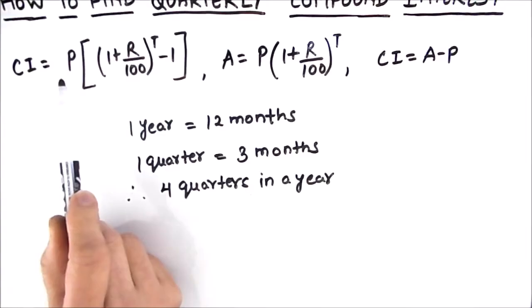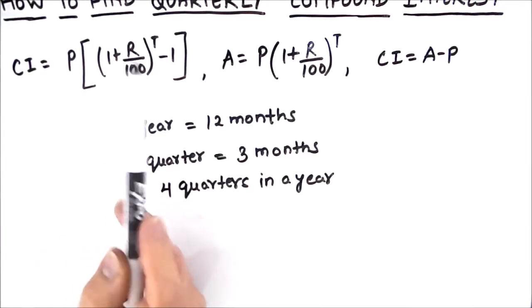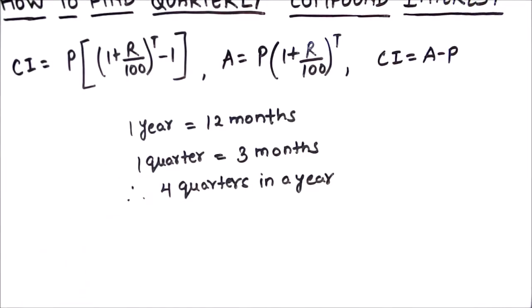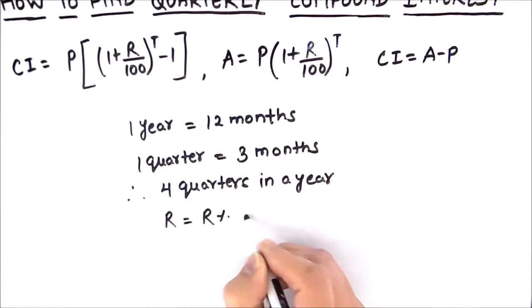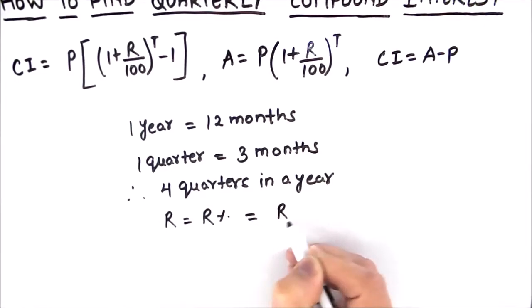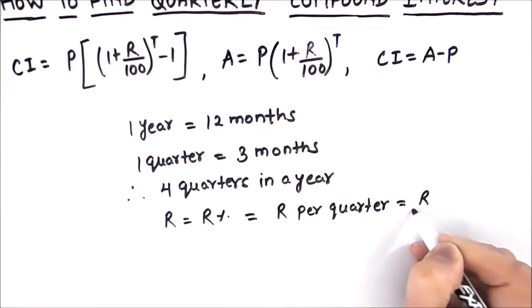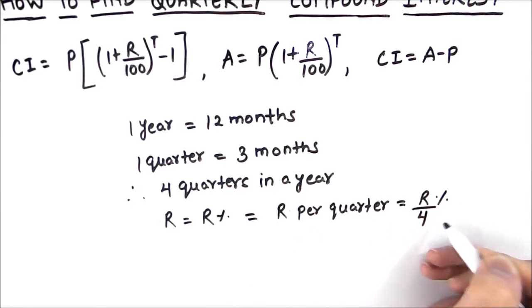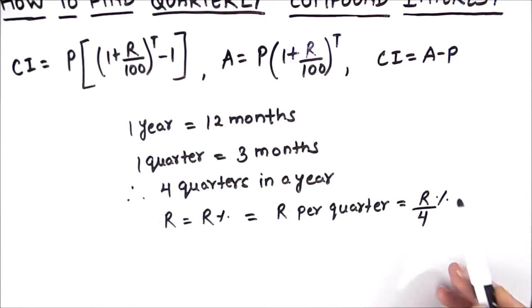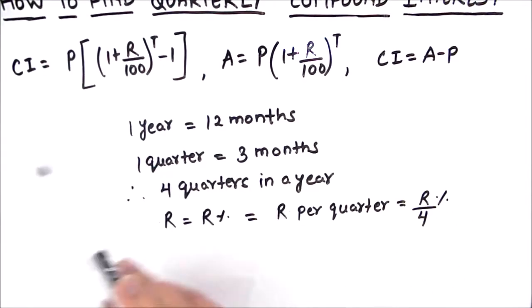And in this formula the rate of interest is per annum and time is in years. So rate of interest per annum is R%, so rate of interest per quarter will be R divided by 4%. Whatever rate of interest is given to us, we need to divide by 4 to find the compound interest quarterly.